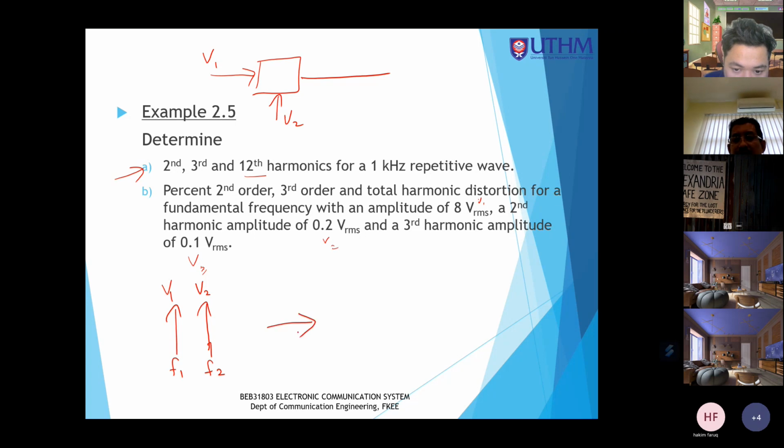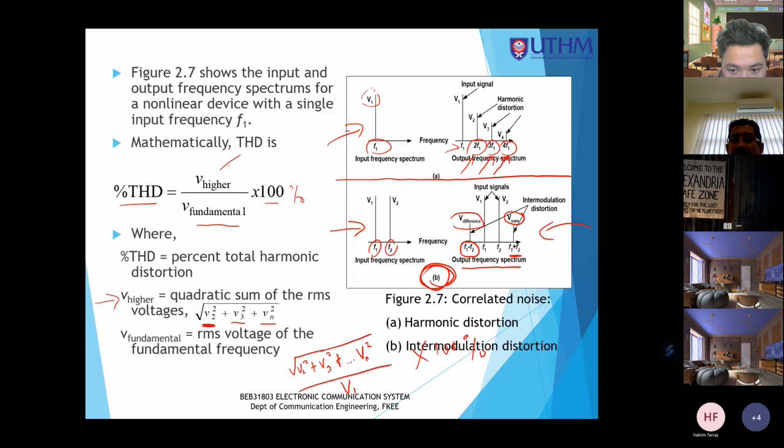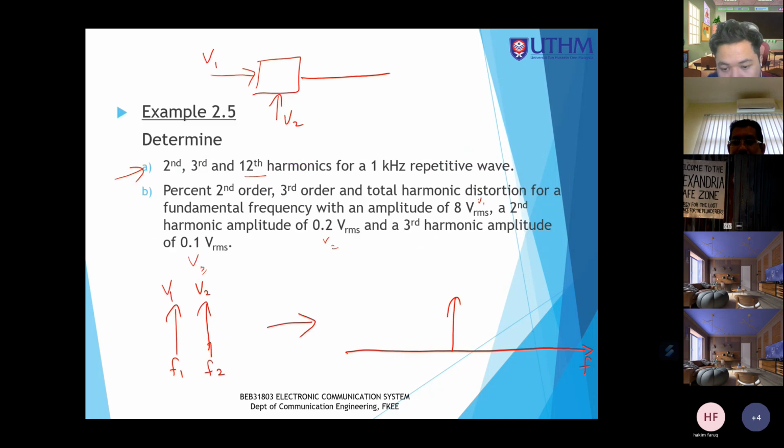So when we draw the frequency spectrum, intermodulation distortion actually produces the V sum and V difference. Tadi kita lihat gambar tadi, the input signals are located at F1 and F2, with amplitudes V1 and V2.